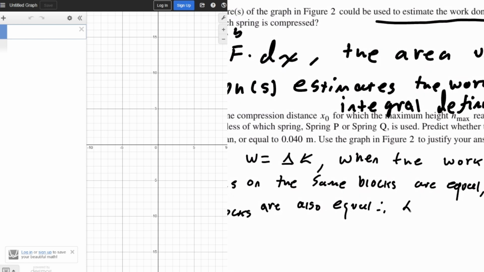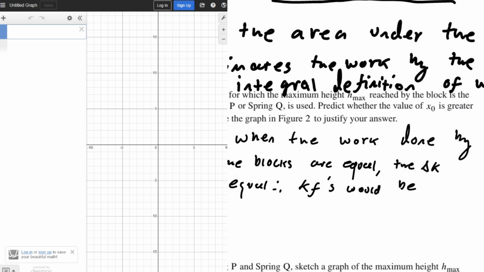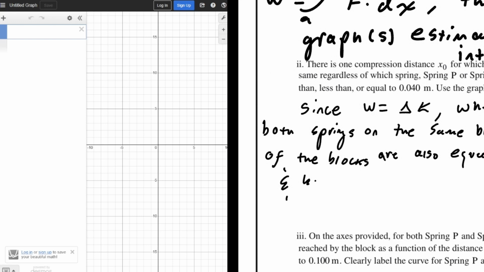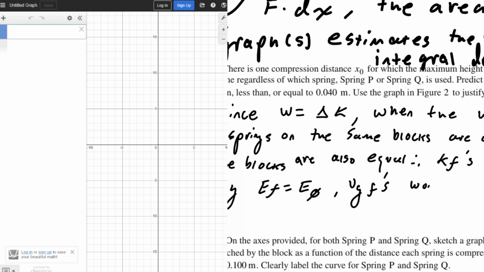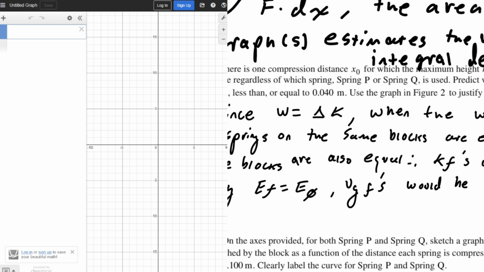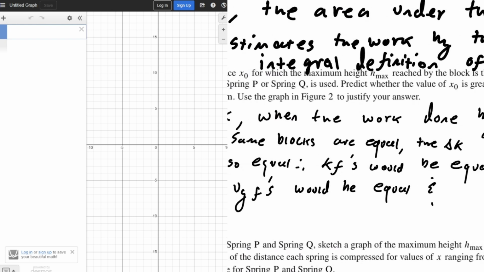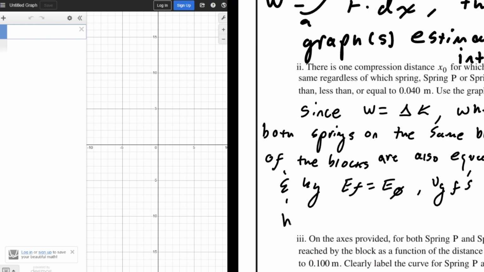Therefore, K finals would be equal. And by E final equals E initial, UG finals would be equal. And therefore H max would be equal.